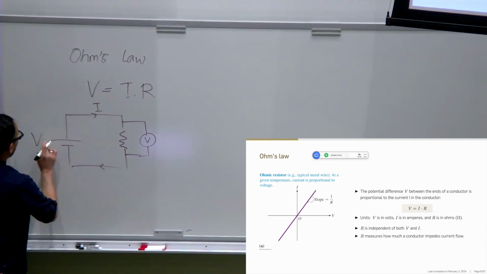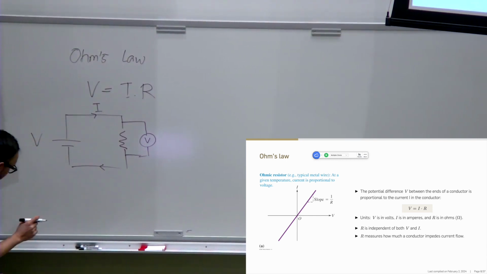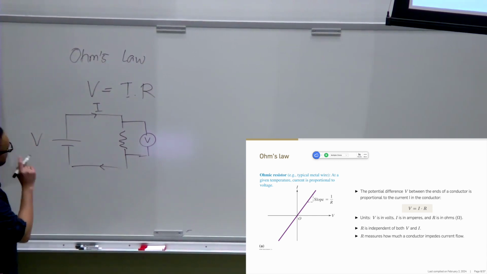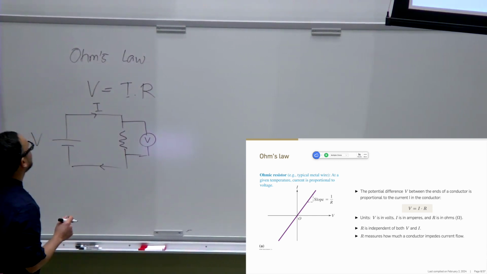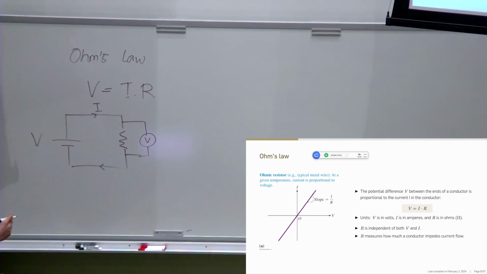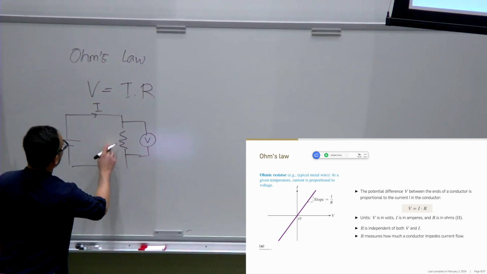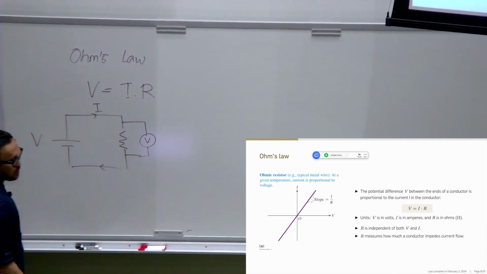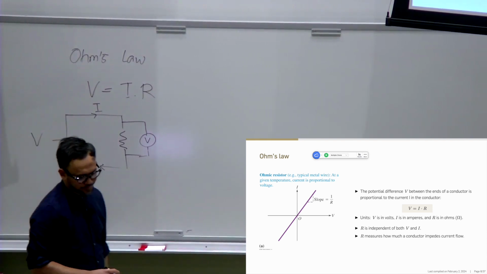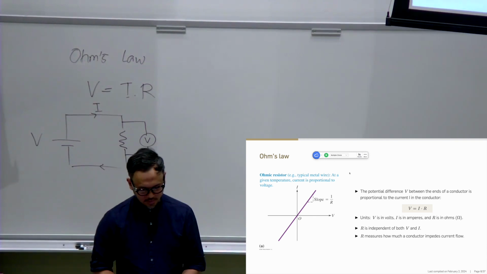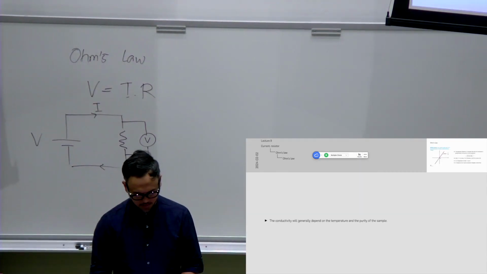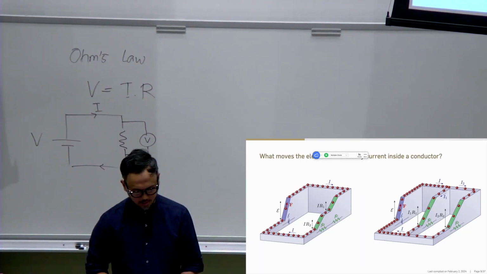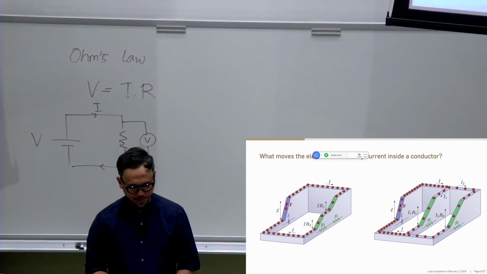Many books like to call this EMF, and we can discuss it maybe after the exam because it's a bit delicate concept. So to calculate the voltage here, we can use Ohm's law. All right. Any questions?